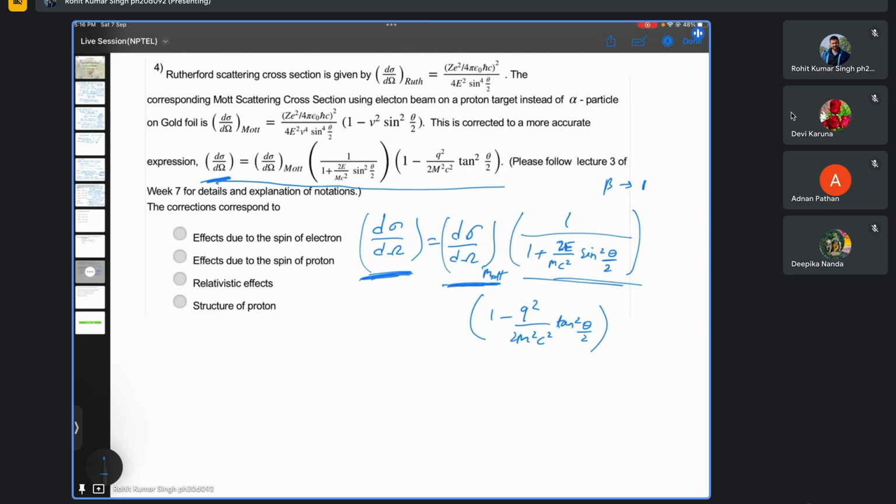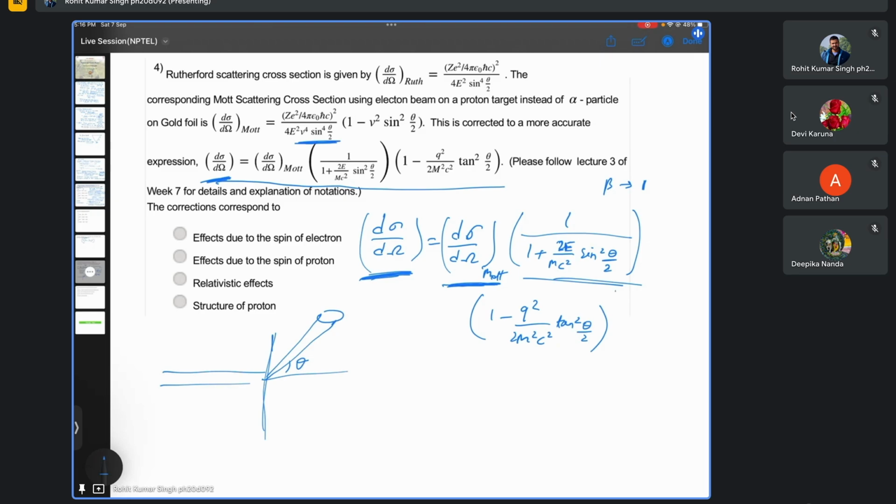For example, here you have sine to the power 4 theta by 2. The scattering angle: you have the target and some solid angle, and this is your theta, and here is the incoming beam.